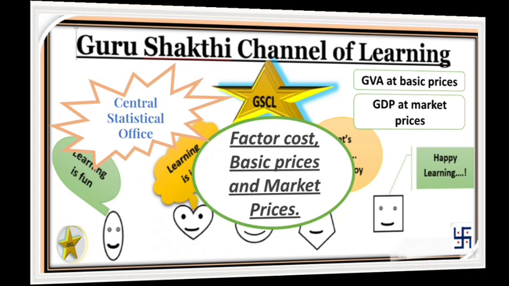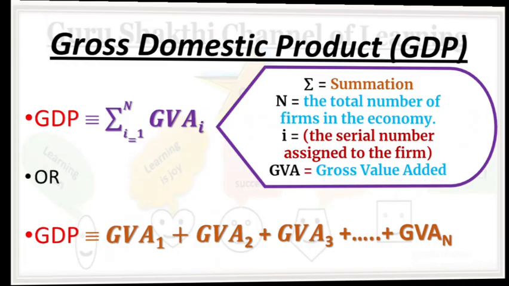While gross domestic product is the summation of gross value added of all the firms in an economy, gross value added is the value of output excluding the value of intermediate goods expressed in terms of money.